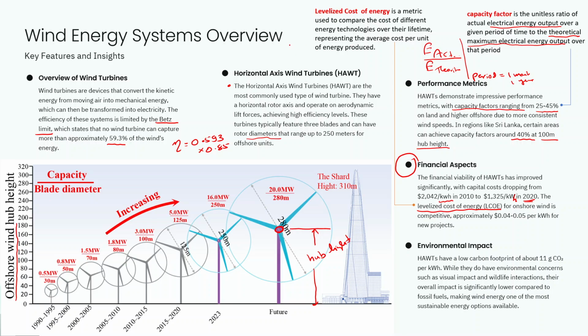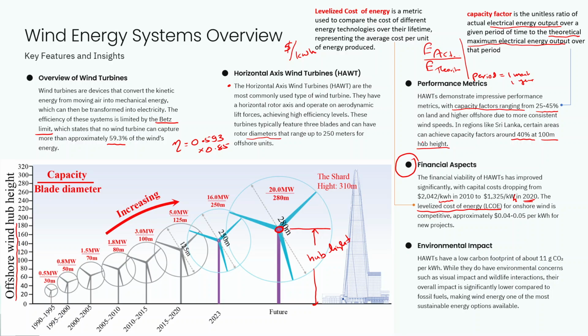You can say this is dollars per kilowatt hour. This is the levelized cost of energy. It incorporates all the associated costs, like the capital cost, operational and maintenance cost, and other types of cost, and you calculate the cost per unit of energy produced.